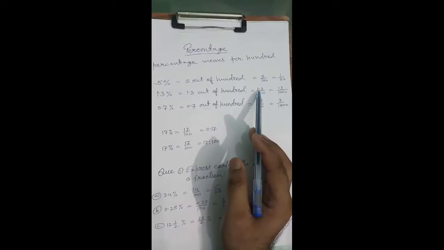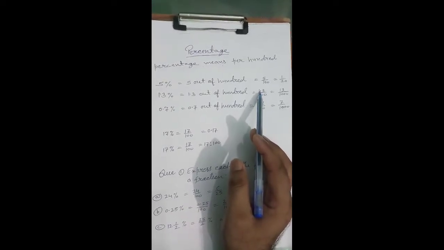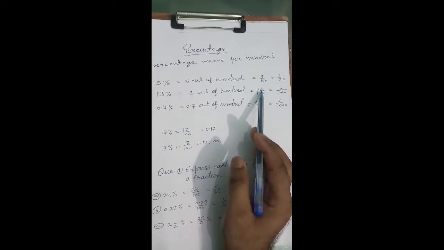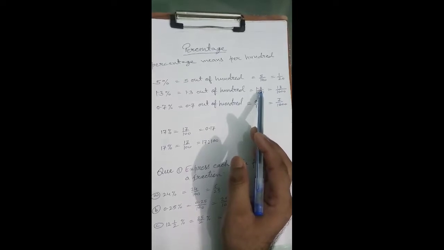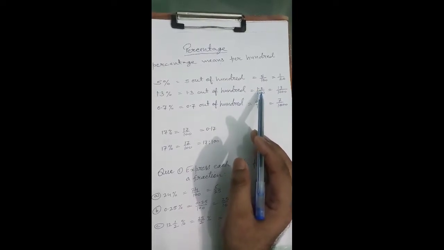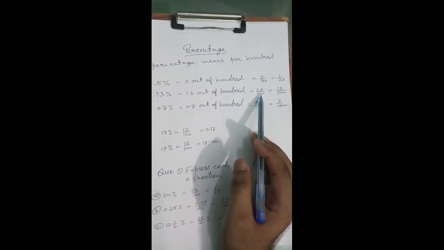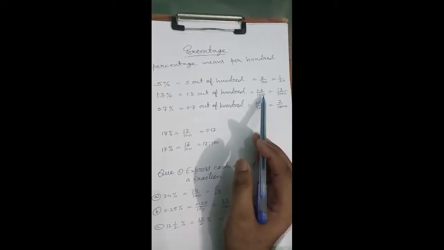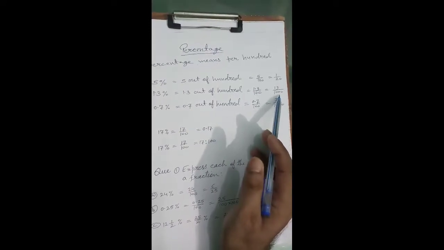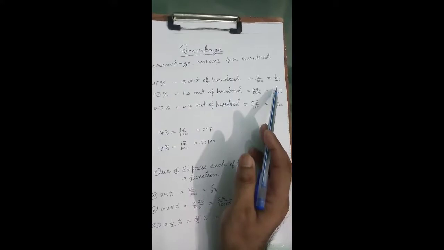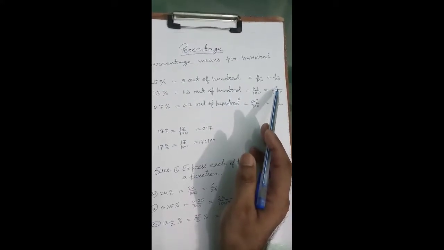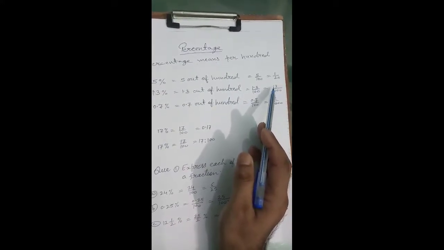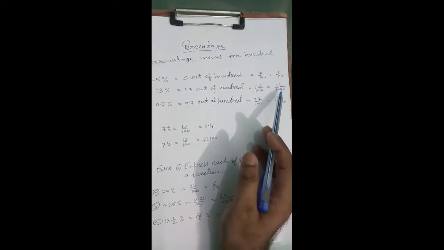When this decimal is removed, you can see that on the right hand side of the decimal there is one digit only. That means to remove this decimal, 10 is multiplied with the denominator. So when 100 is multiplied by 10, it will become 1000 and the numerator will become 13. So 1.3% means 13 upon 1000.